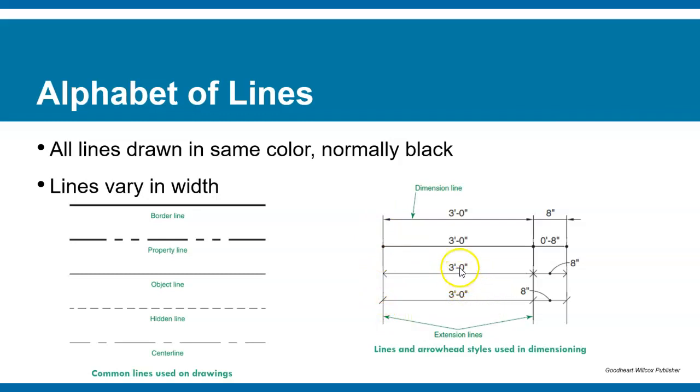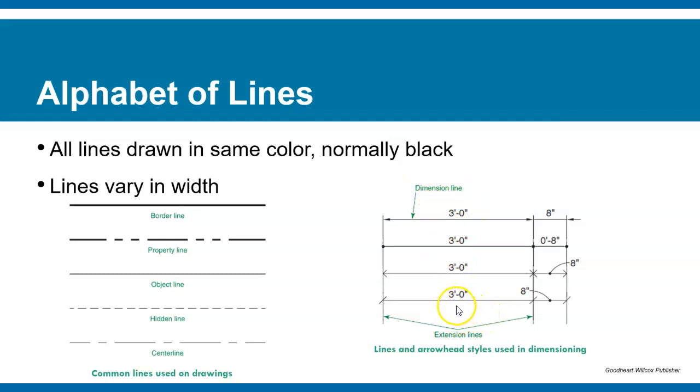Here they're all referencing the same points, but you could have multiple dimension lines stacked up on each other like this. And then the other side, these could all reference one point, but all these other arrows could be referencing different points, and then you'd have different dimensions here representing what those are.